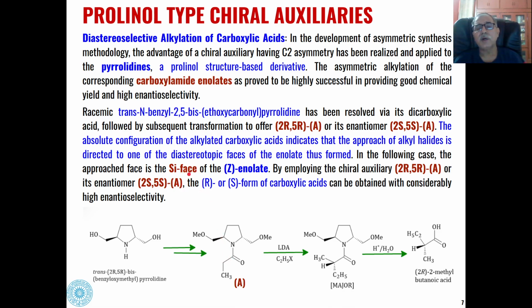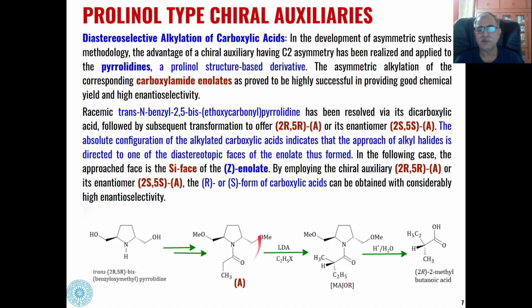So here the Z enolate will be formed in this case, and this Z enolate will prefer to be attacked by the alkyl halide through one face. And if we use R chiral auxiliary, then the product formed will be R substituted carboxylic acid. If we use S chiral auxiliary, we will get S substituted carboxylic acids as the product.